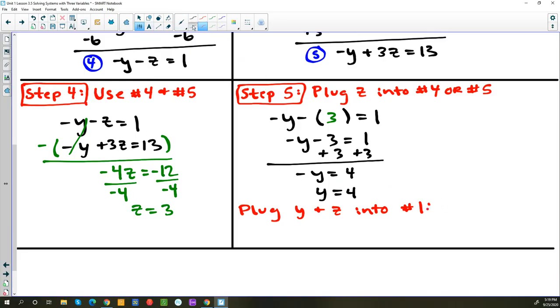So we have number 1 is x plus y plus 2z equals 3.